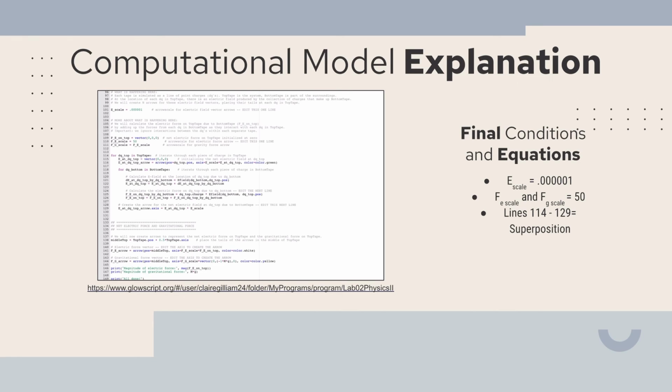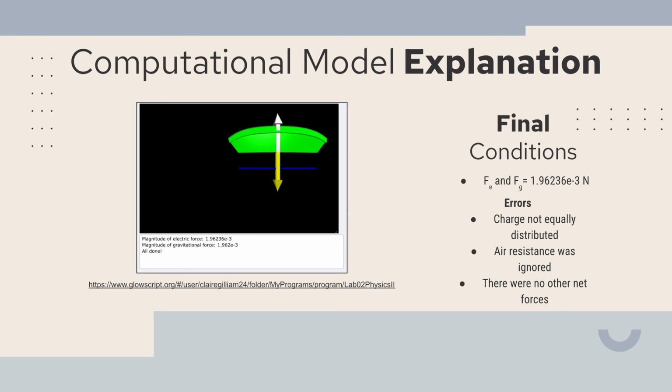And then we were able to create the arrows representing each force on the piece of tape, whether that was gravitational or the electric force. Our final conditions were that the electric force and gravitational force are both equal to 1.96236 times 10 to the negative 3 newtons, and there are possible errors such that the charge is not actually equally distributed along the tape. Air resistance we did ignore, and there might be other net forces.